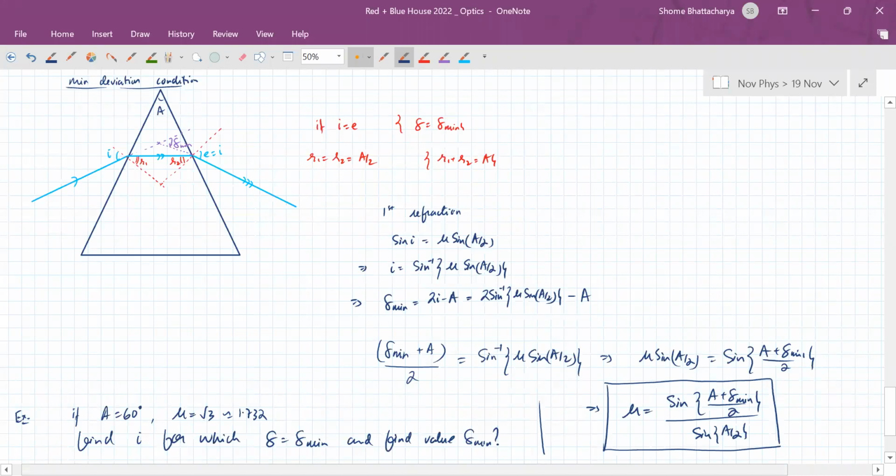So see, this one is an easy calculation. So just try and work this out, please.